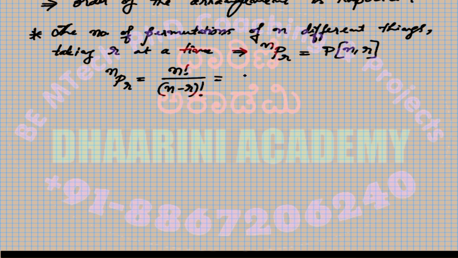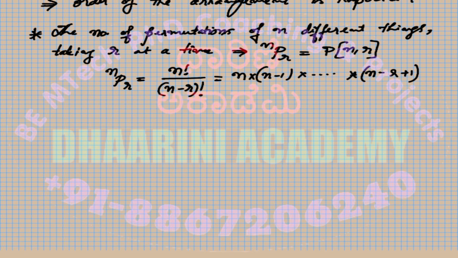So that is equal to n into n minus 1 into n minus 2 into n minus 3 up to the last term being n minus r plus 1. Okay, so that is the general representation.